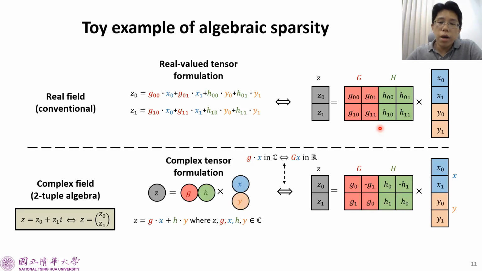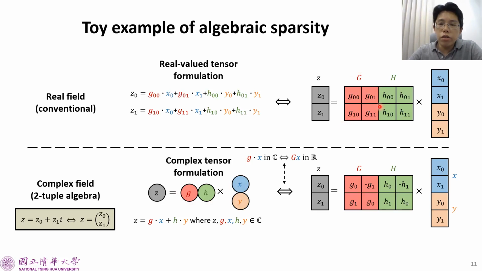But if we use complex number to construct this system, we only need 1 complex number for the output and 2 complex numbers for the input. So we only need this 1x2 complex matrix for the weight parameters.